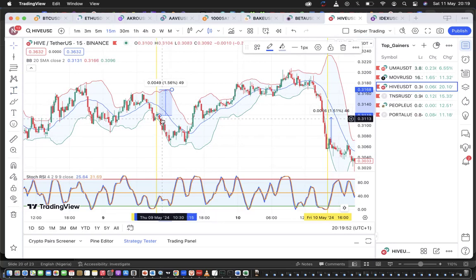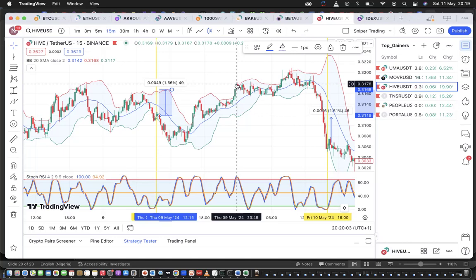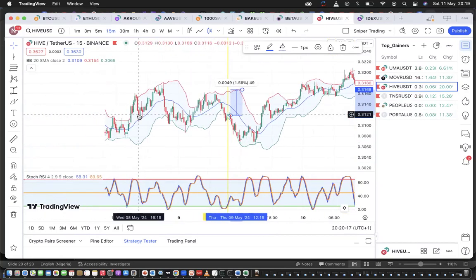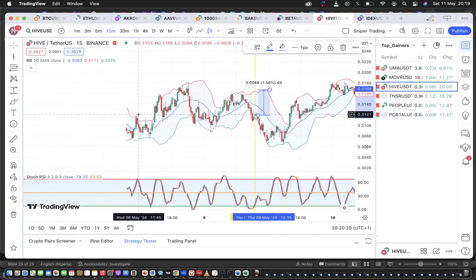You entered the trade on Thursday by 10:30, and before midnight of Thursday, it had sold. All right. So remember, step 1, wait for it to touch the lower Bollinger Band. Then observe stochastic RSI coming from under, pointing upwards. When stochastic RSI is pointing upwards, you're good to enter the trade. And you could try this again and again. All right. Just stick to those rules.